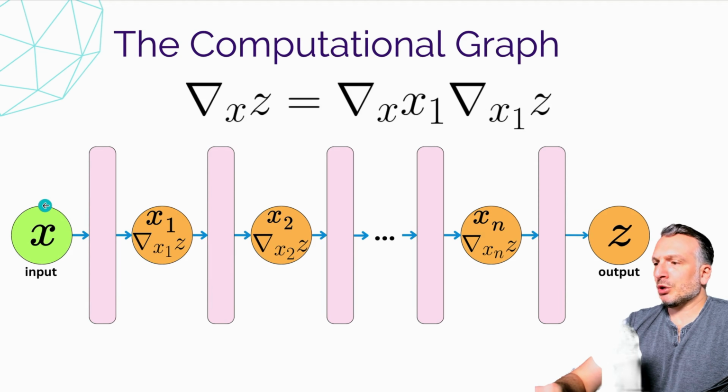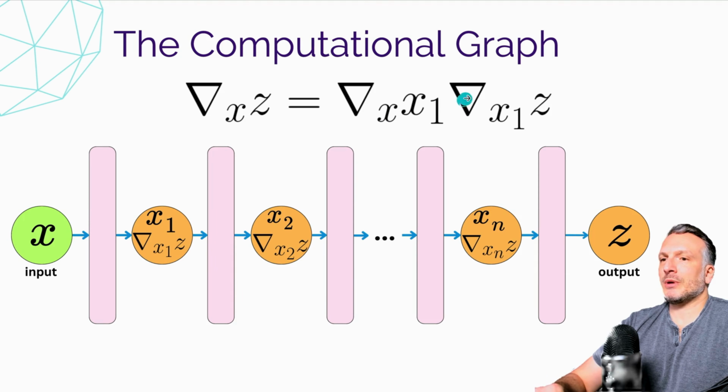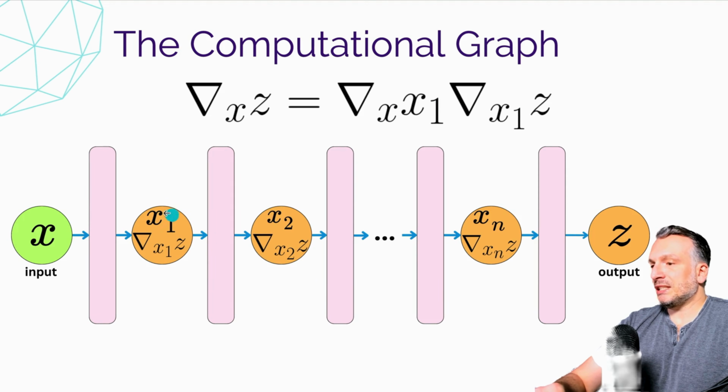Again, to compute the gradient at the x node, I'm just going to apply the chain rule. So if I want to compute the gradient of z with respect to x, this is equal to the gradient of x1 with respect to x times the gradient of z with respect to x1. The gradient of z with respect to x1 is already computed.